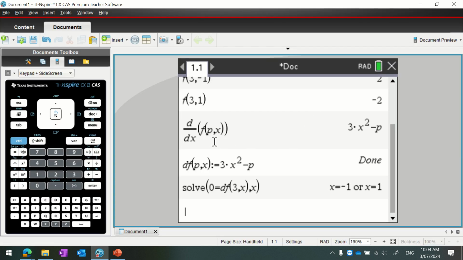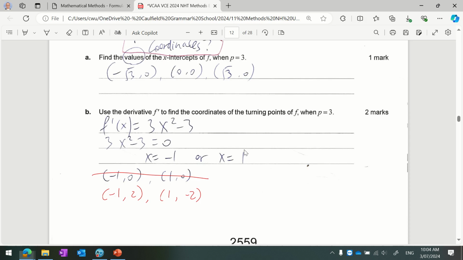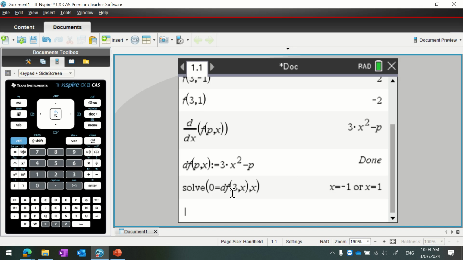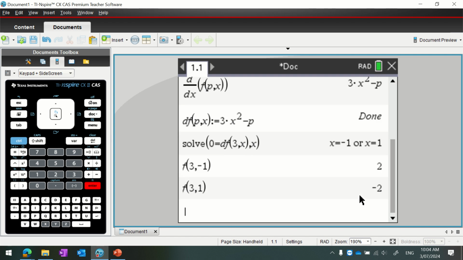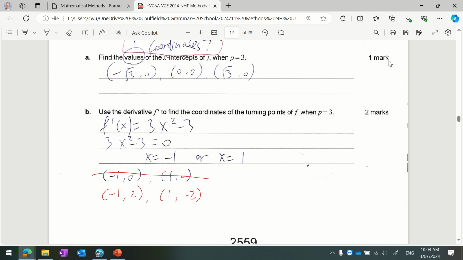But when I define the derivative, I want this to be the general case with p unknown, and then when I actually solve the question, it says p equals 3. So that's what I'm going to put in, and then the answer is -1 and 1, and then the following, which I did incorrectly in my first attempt: -1, 2, and 1, -2.